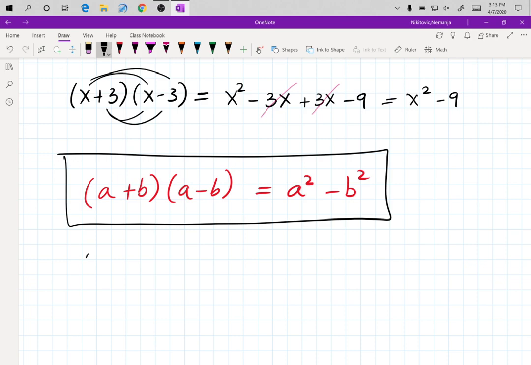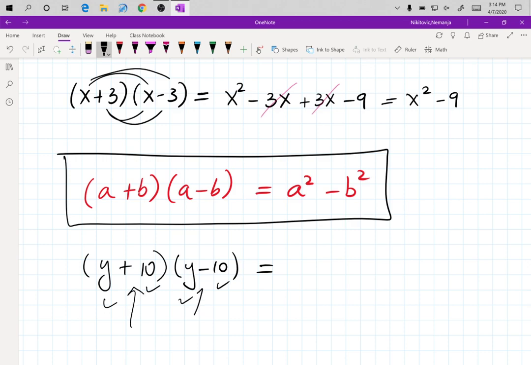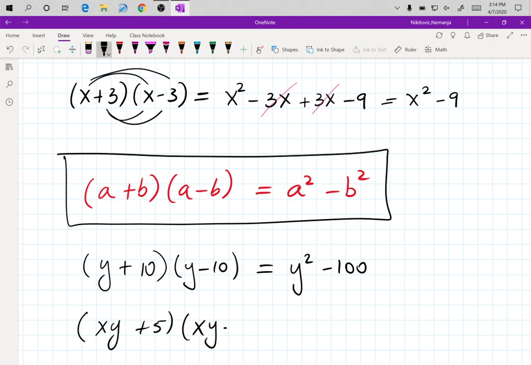So if you have, let's say, y plus 10 times y minus 10, then you say, oh, y is the same as y, 10 is the same as 10, and the signs are opposite. So that's exactly the form of the special product. So it's just y squared minus 100. The sign is always a minus in there, and you just get to square each one of these individually. Let's say you have xy plus 5 times xy minus 5.